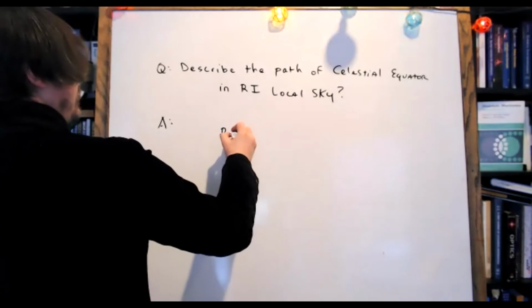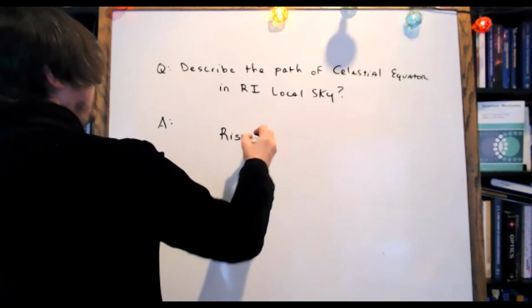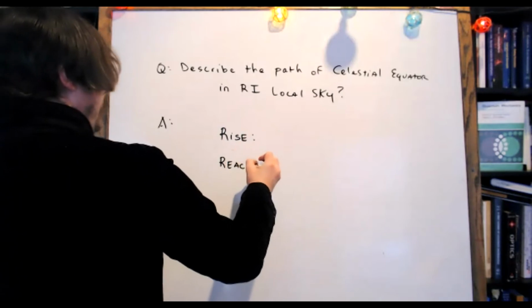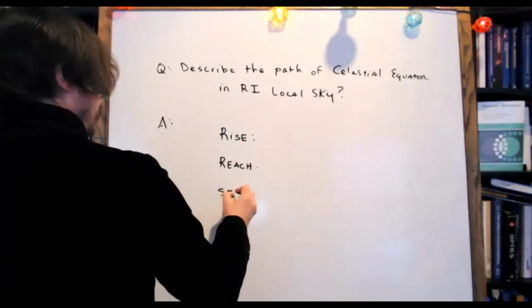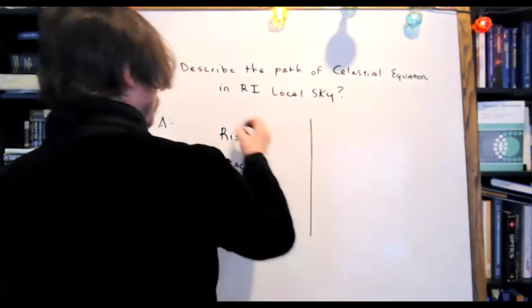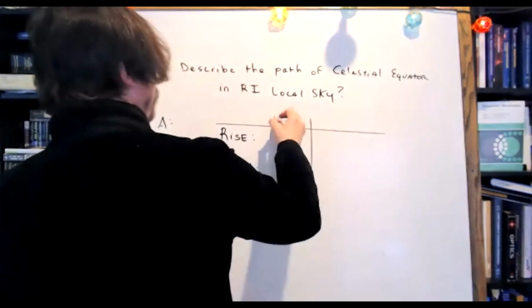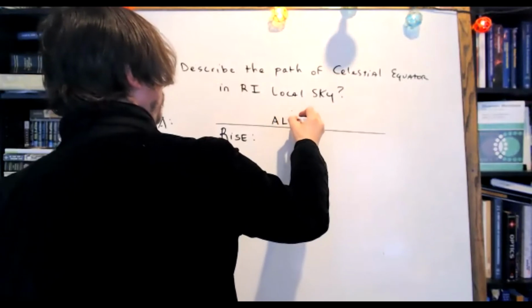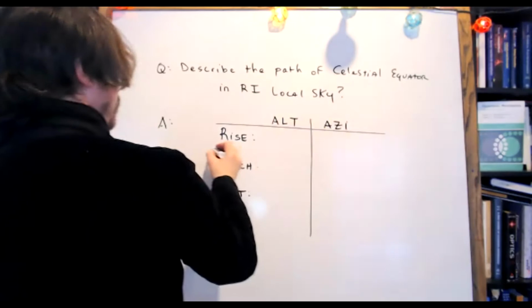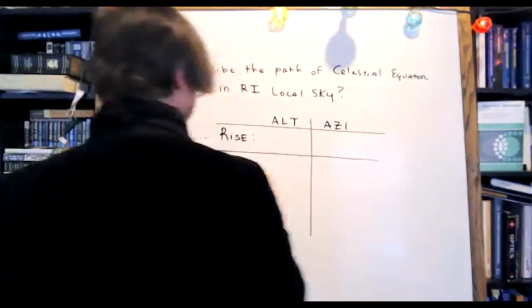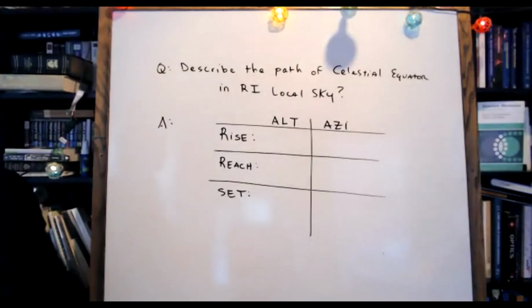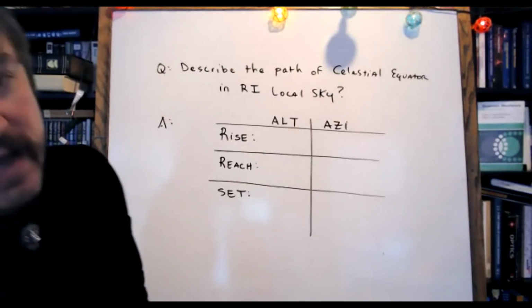So we'll organize it this way. There will be a rise point. There will be a reach point. And there will be a set point. For each point, there will be an altitude and an azimuth. Okay, let's start this off nice and slow so that you guys don't freak out.